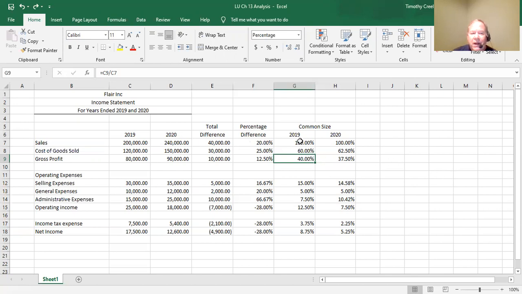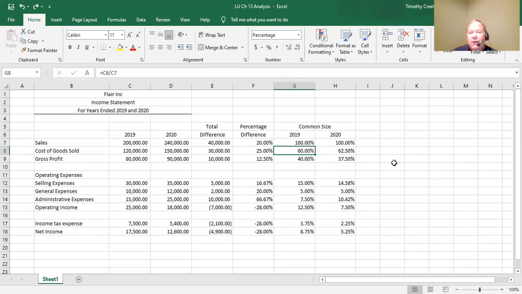And so basically what I did was, for 2019, I took cost of goods sold, divided it by the sales total, and it gave me 60%. The cost of goods sold was 60% of sales. And I did that for every single number on the income statement here.